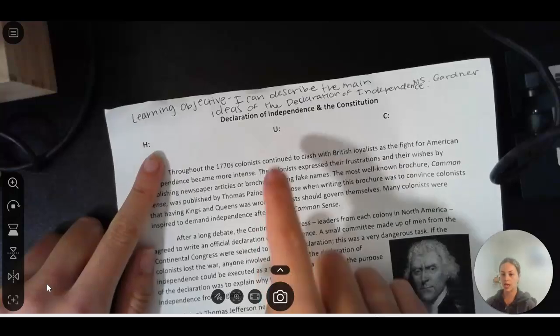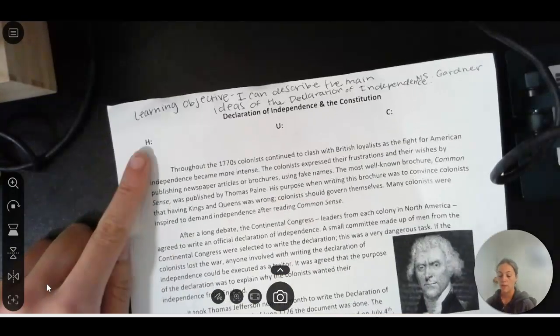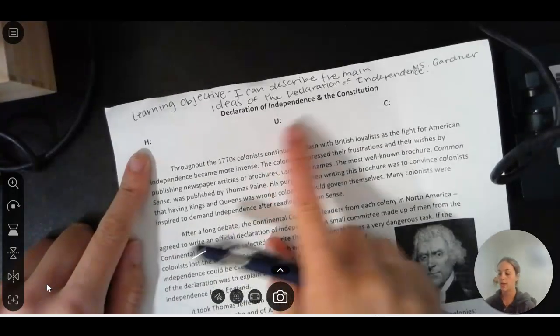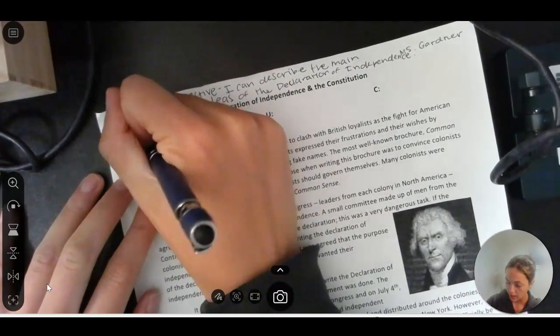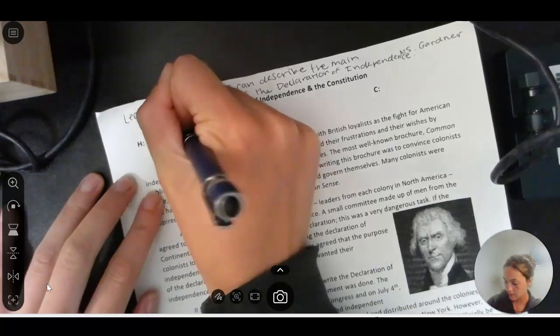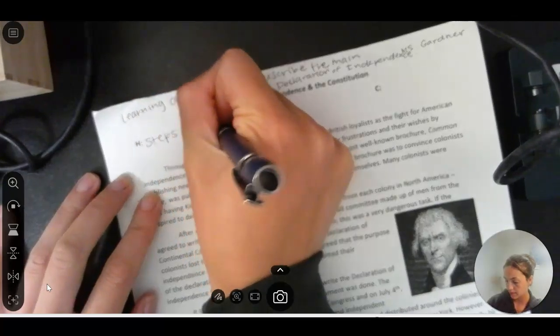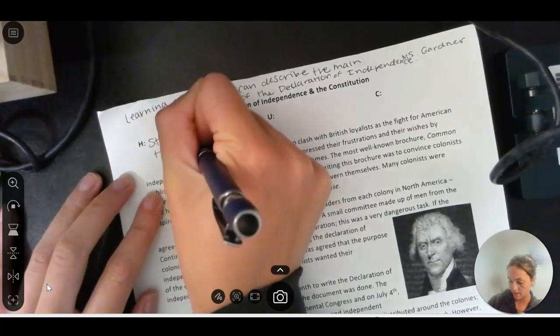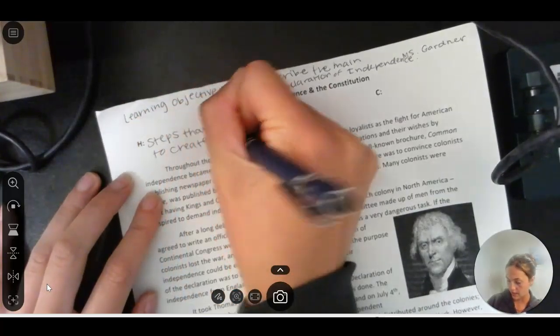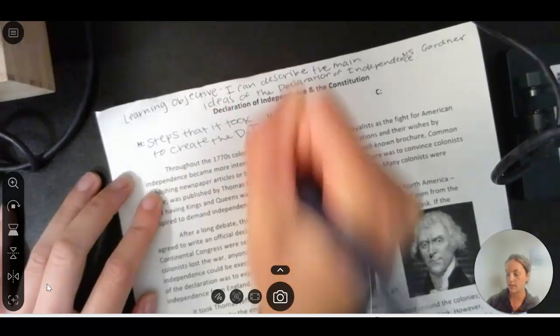And then this HUC, we're going to be highlighting, underlining, and circling. So we're going to highlight steps that it took to create the Declaration of Independence.